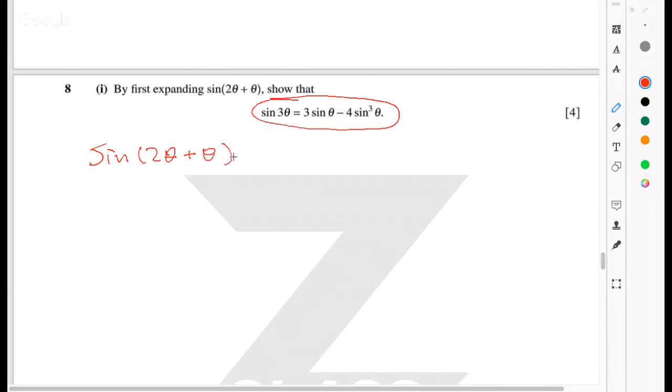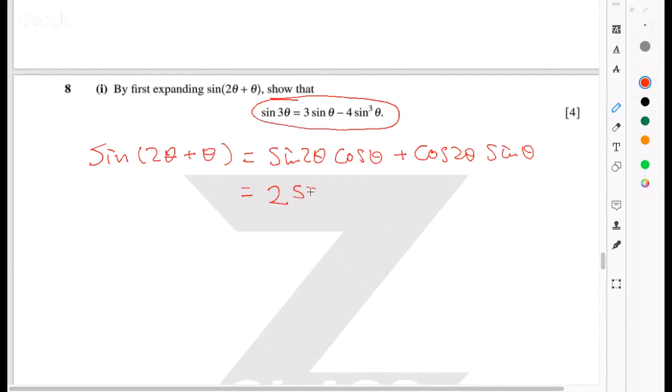For example, the addition formula for sine is just sine 2 theta cos theta plus cos 2 theta sine theta. Or even if you can't memorize them, they're in the formula booklet, so you can just look them up. And we'll do that again.